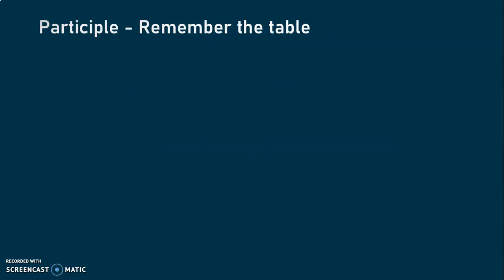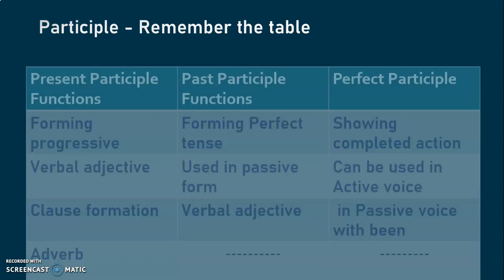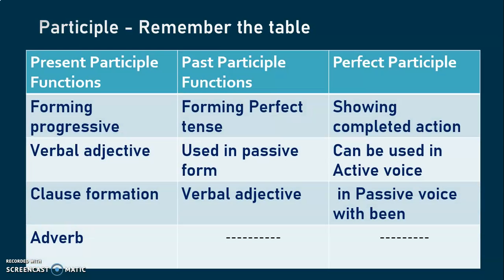Hope you understood all the functions of participles, and to help you remember the participles and its functions very well, I gave everything in a tabular form. Present participle and its functions, past participle and its functions, and perfect participle also.